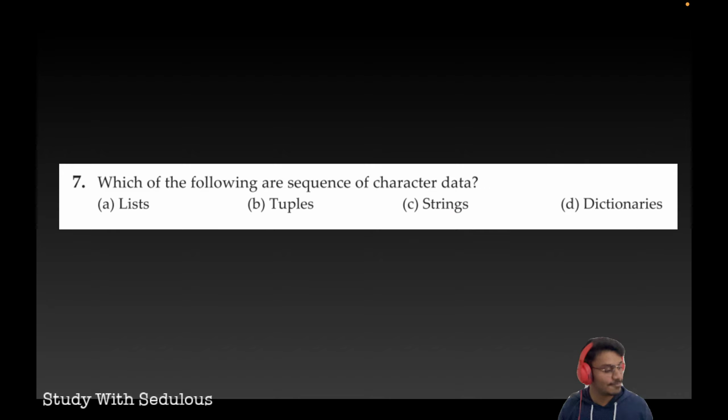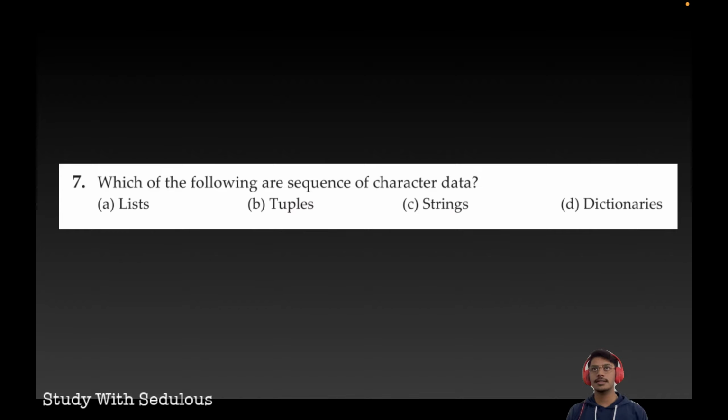List, tuple, string, dictionaries, are all sequences of character data? A list is a group of elements which are a sequence of characters. Tuples are also the same. A dictionary is a key-value paired object.